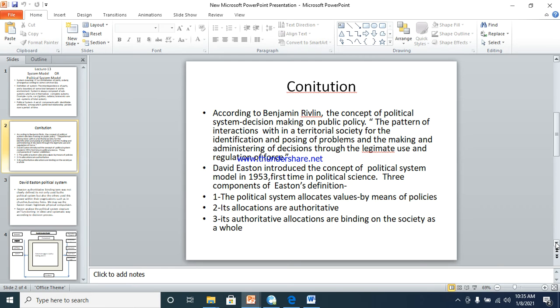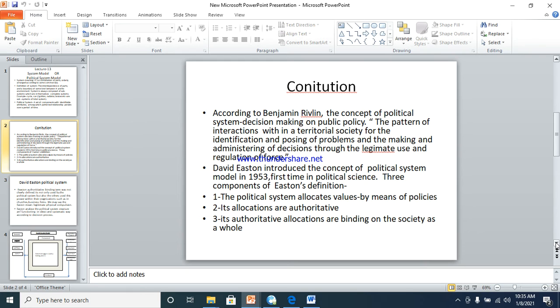The political system of David Easton has three components which he discussed in his definition. First, the political system allocates values by means of policies.